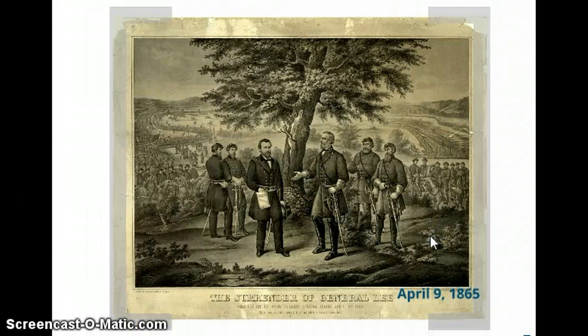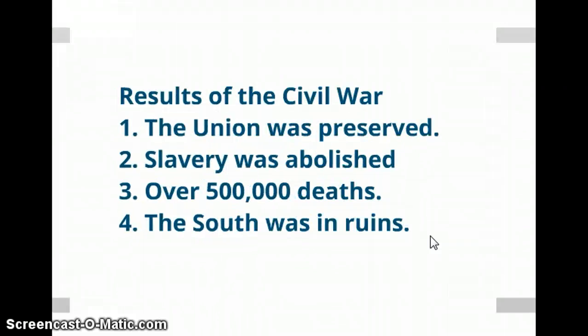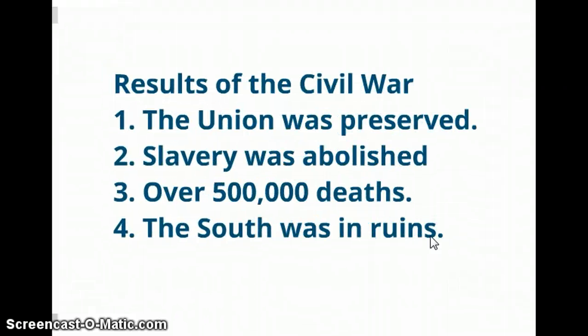In April of 1865, General Robert E. Lee surrendered to General Ulysses S. Grant, and this officially ended the Civil War, which had been fought for 4 long years. The results of the war: 1. The Union was preserved. The United States would remain the United States. 2.